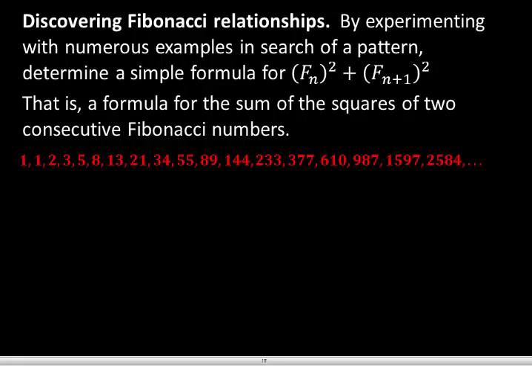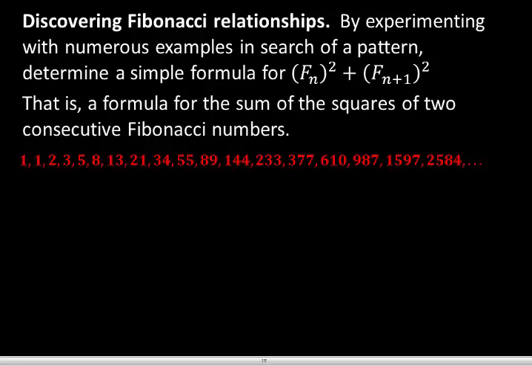This problem is number 7 in the textbook in section 2.2, Discovering Fibonacci relationships. By experimenting with numerous examples in search of a pattern, we want to determine a simple formula for this expression right here, f sub n squared plus f sub n plus 1 squared.